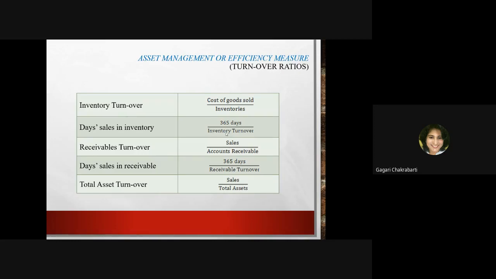So the days sales in inventory will be defined as 365 days divided by the inventory turnover ratio that we have computed from here. What is meant by these days sales in inventory? Suppose we are taking any fictitious value of these days sales in inventory, suppose it is 100 days.